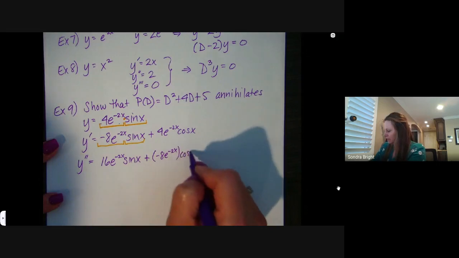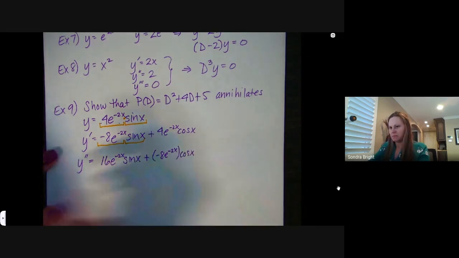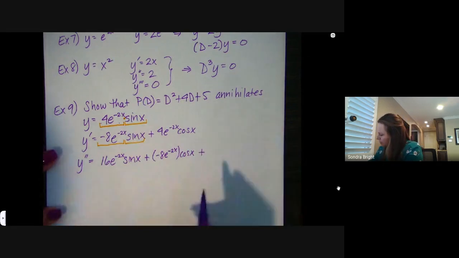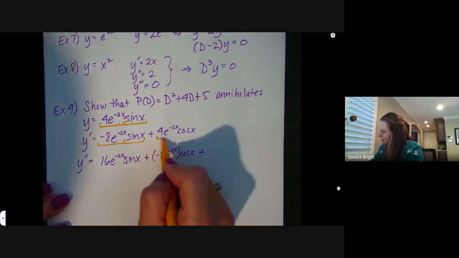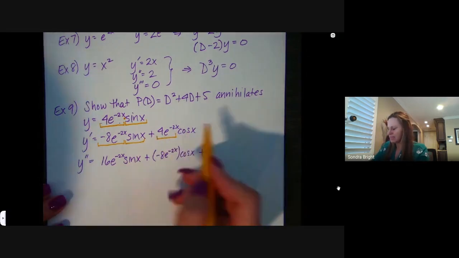Then a plus. Now I'm going to do the same thing, but over here I'm going to treat the 4e to the negative 2x as the first guy, and then cosine of x as the second one.